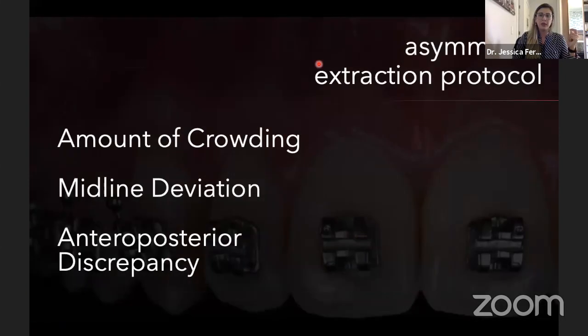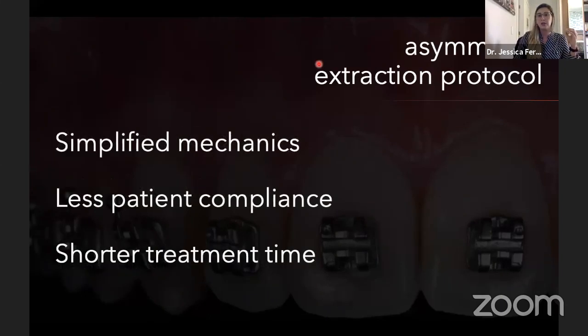In the asymmetric extraction protocol, we have to consider the amount of crowding, the midline deviation, and the anterior-posterior discrepancy. We saw the asymmetric extraction protocol is a simplified mechanic with less patient compliance, since you correct the class 2 or the class 3 malocclusion, and consequently correct the dental midline deviation with a shorter treatment time.